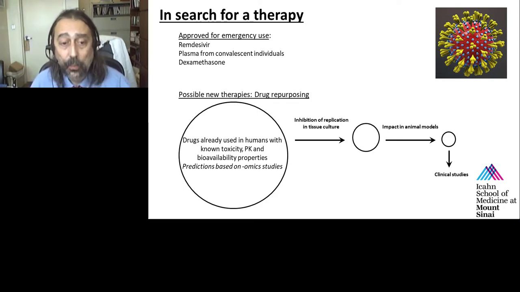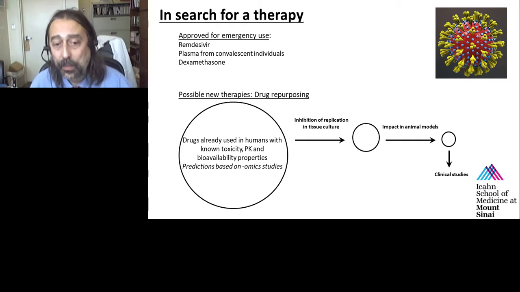And what we take is this list of drugs, and then based on prediction, based on omics studies, we make the hypothesis of which of these drugs are likely to make an impact in viral replication. And I will show you the type of omics studies and how we do these predictions in a moment.